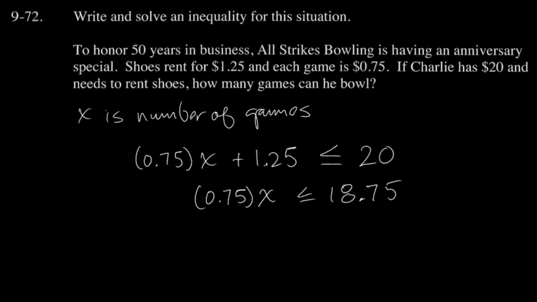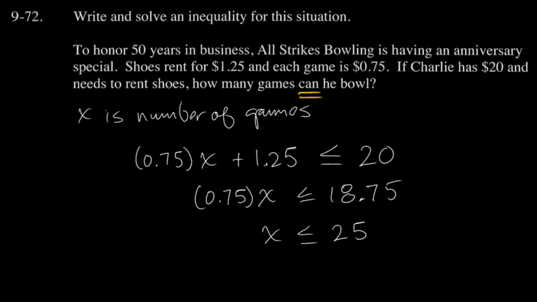So now I'm going to divide both sides by 75 cents. So divide by 0.75, and I get that x has to be less than or equal to 25. Okay. So the question is, how many games can he bowl?